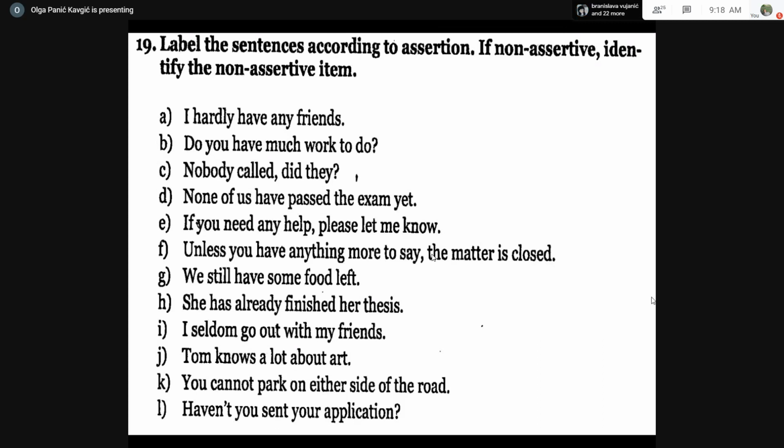Very good. Now, you see, if you use if you don't have anything more to say, then it becomes clear that what is hidden beneath this unless is actually if not. And if not is clearly non-assertive because, in addition to being a conditional, it is also clearly negative. So unless is always a non-assertive item, then please circle it.